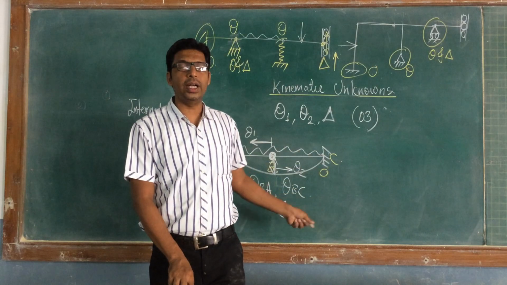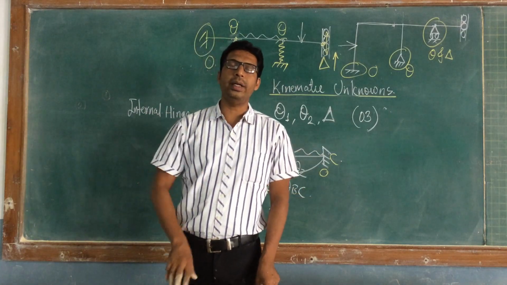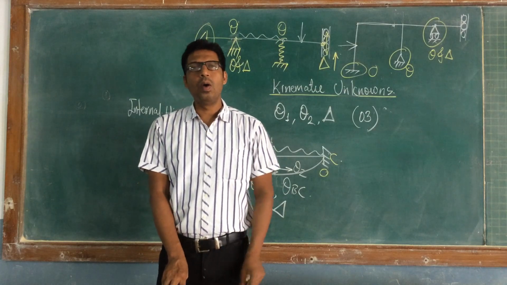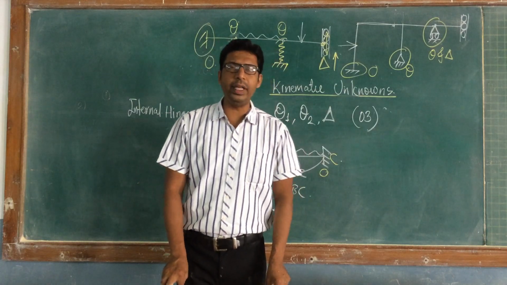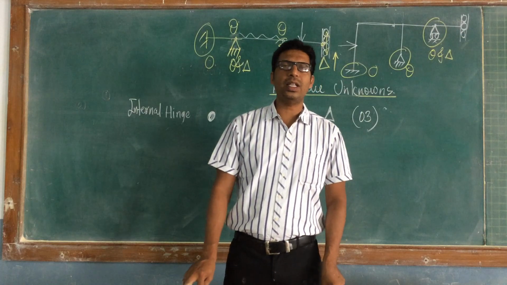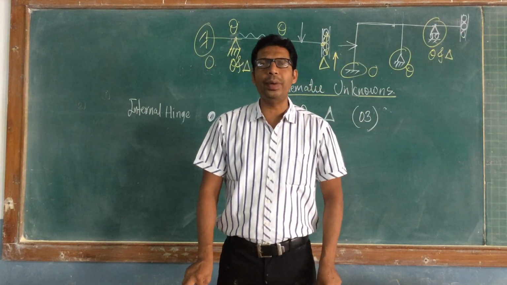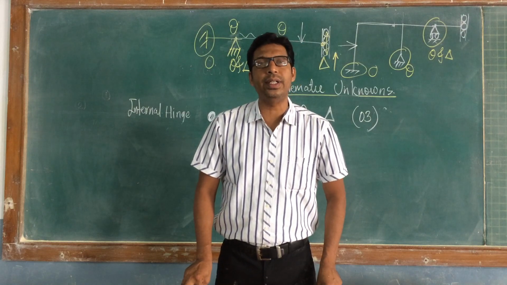Using all these support conditions, we have to determine the kinematic indeterminacy of the given beam and frame structure. For example, since we are dealing with unit number 4, stiffness matrix method for continuous beams, we will take 2 or 3 simple numerical examples of kinematic indeterminacy on a beam.